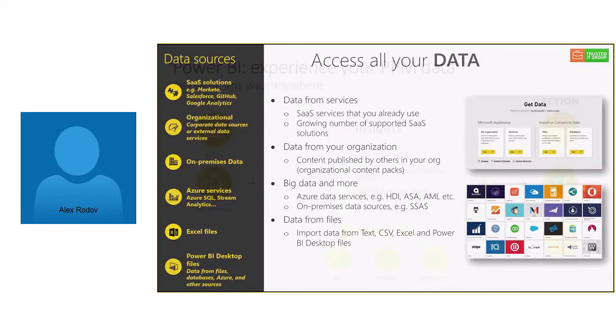Next, I would like to display the variety of services that you can connect as a data source to Power BI, whether on-premises or the cloud version. There are all kinds of SaaS solutions that are already established and available through apps and different connectors, like the one we have for Project Online.